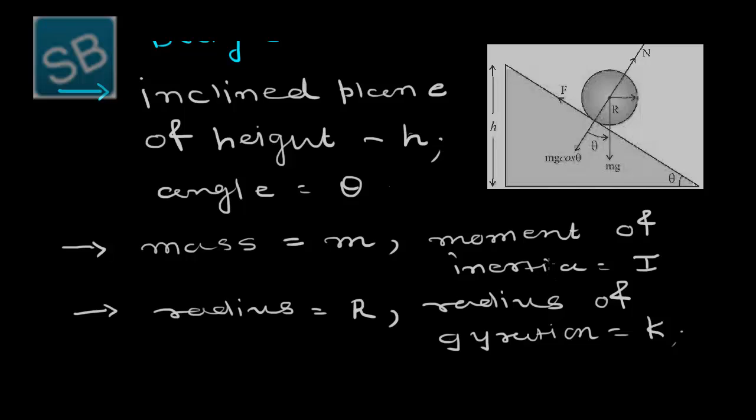Now, when the body reaches the bottom of the inclined plane, its potential energy decreases by mgh. And according to the law of conservation of mechanical energy, the potential energy is converted as an increase in kinetic energy.